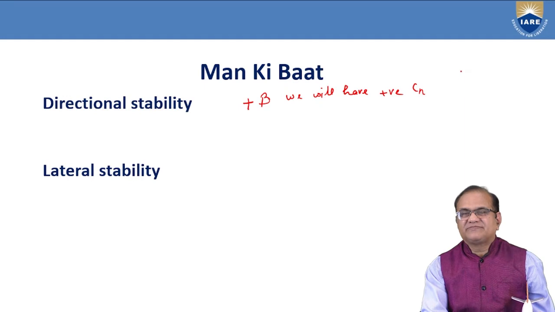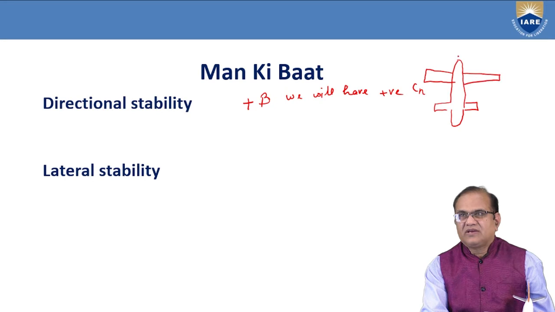If this is the aircraft and it is moving in this direction, here is the tail, this is the horizontal tail, and this is the vertical tail.